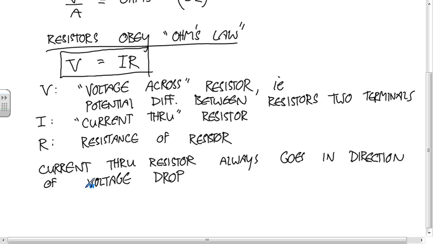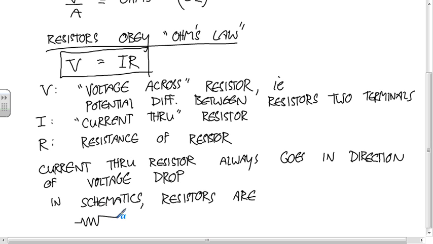And a resistor, let's see. In schematics, resistors look like jagged little squiggles with the resistance listed above it. So, you know, a 50 ohm resistor would look like that.